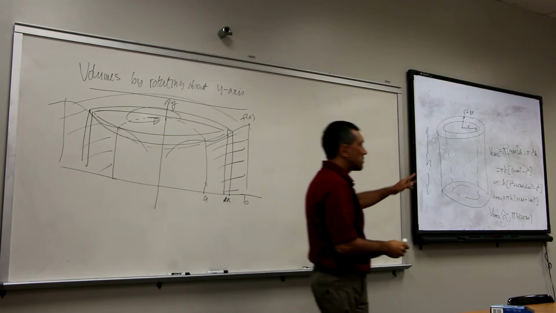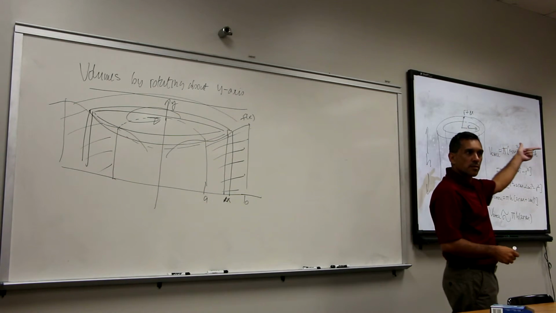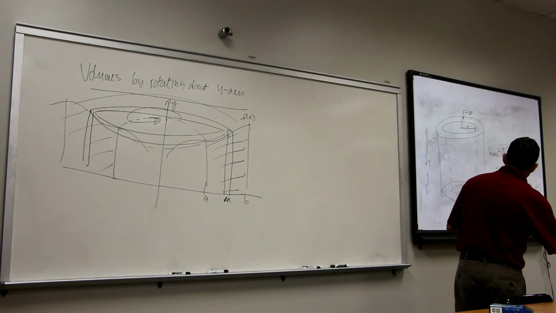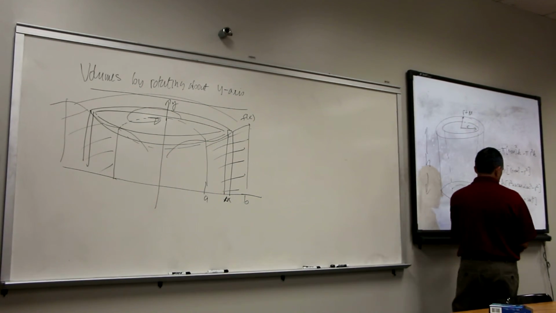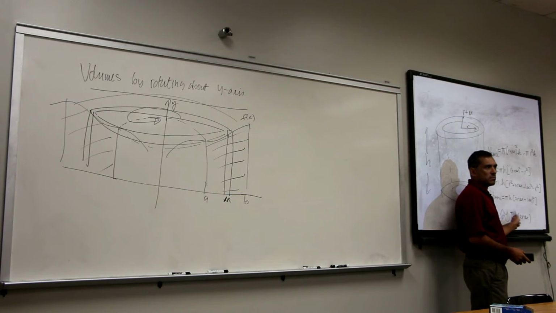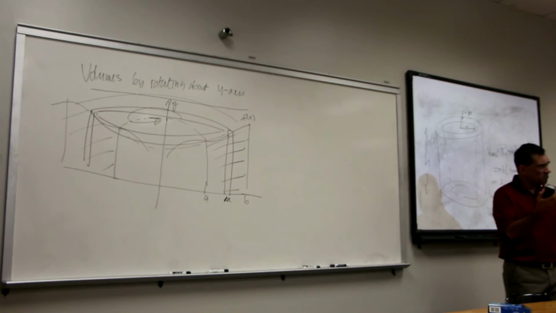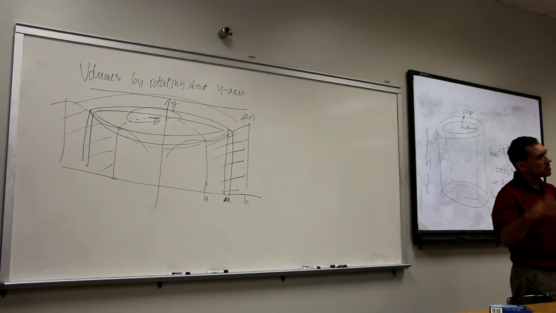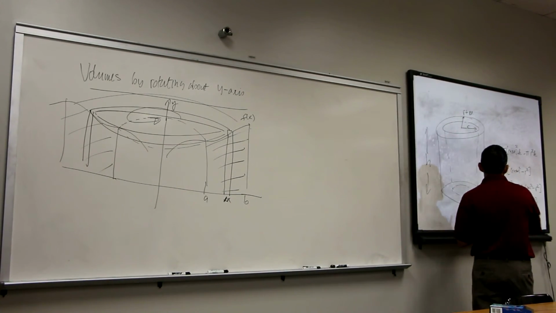And now you need to add them all up. You need to add them all up. Do my elemental analysis, and then add them all up, and let the delta x go to 0.